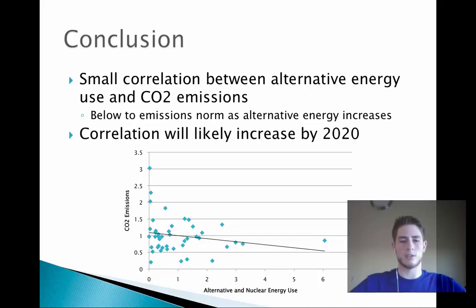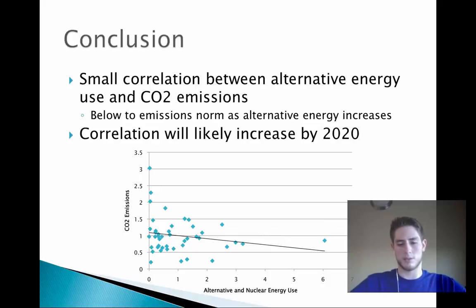So in conclusion, there's really not a huge correlation between alternative energy use and CO2 emissions. The main thing that I maybe pull from it a little bit is that the more alternative energy use you have, the more likely you are to be below the norm for CO2 emissions. Again, it comes down to technological advancements.